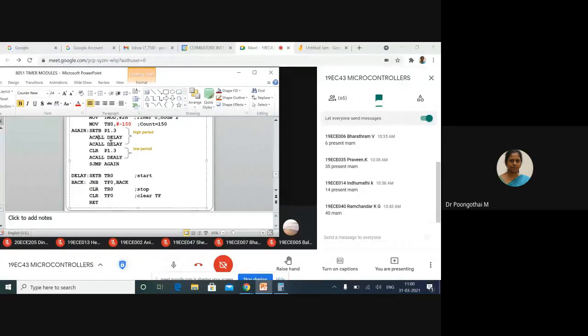You have to start the timer, monitor the overflow flag. Once the overflow flag is set to 1, stop the timer and clear the overflow flag. So these 4 steps are mandatory to activate your timer operations. They have written a common routine. After toggling, every time this delay routine will be called.